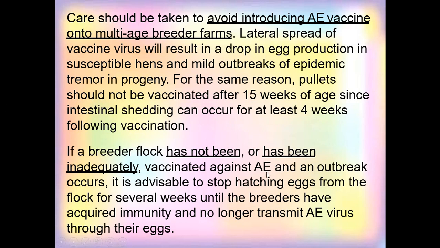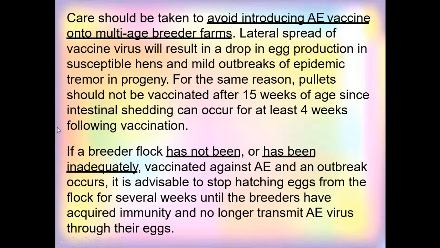If the breeder flock is already vaccinated against avian encephalomyelitis but an outbreak still occurs, we have to stop the vaccination first. Then we make further investigation and clean the flock thoroughly.